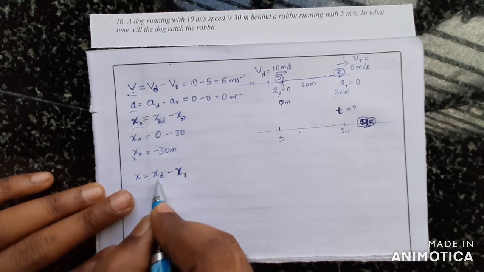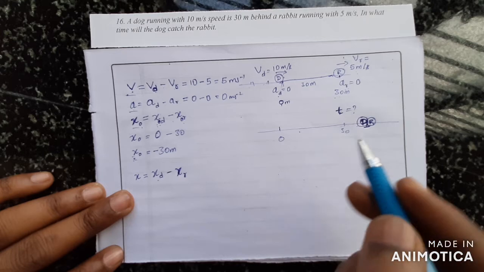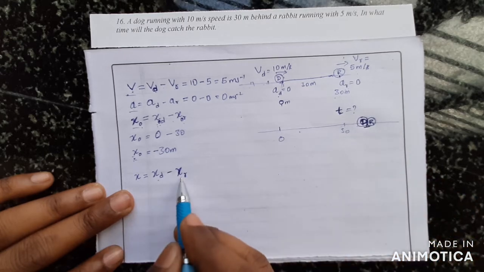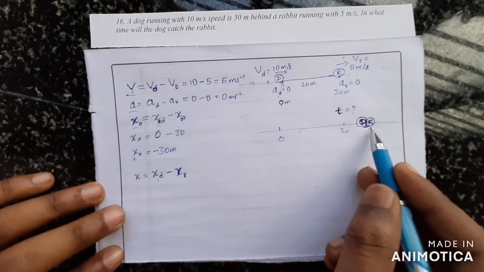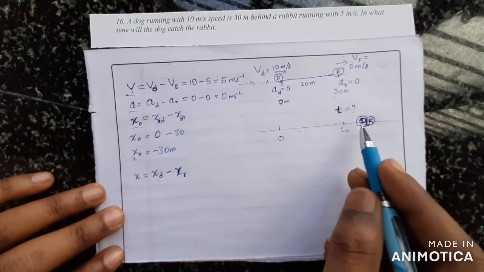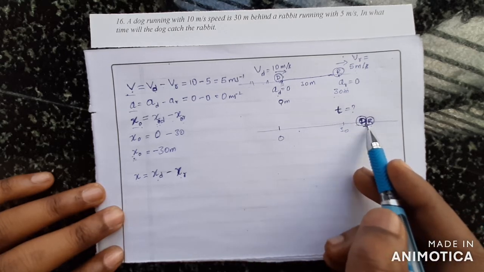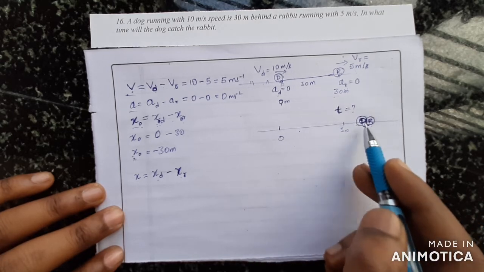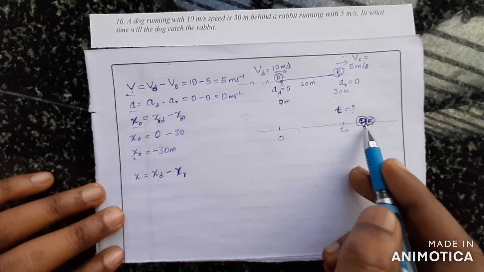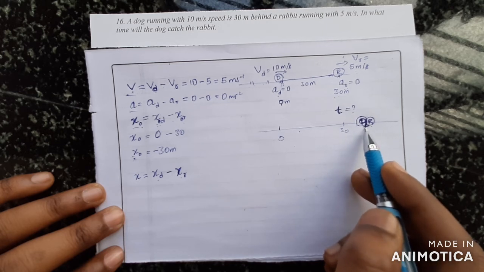What is xd? xd is the final position of dog. xr is the final position of rabbit. Now look, since the dog has caught the rabbit, both of them are situated at the same point. Both dog and rabbit are in the same place.